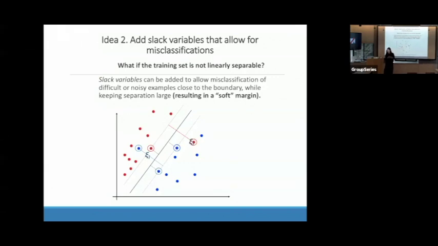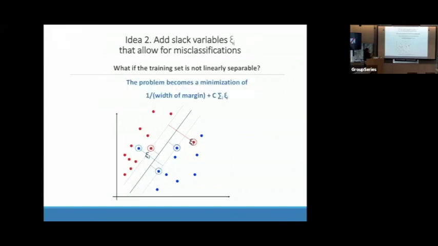So I obtain a new problem where, rather than just maximizing the width of the margin, I am minimizing 1 over the width of the margin, which is the same thing as maximizing the width of the margin, while at the same time minimizing the penalties paid by the objects that end up on the other side.